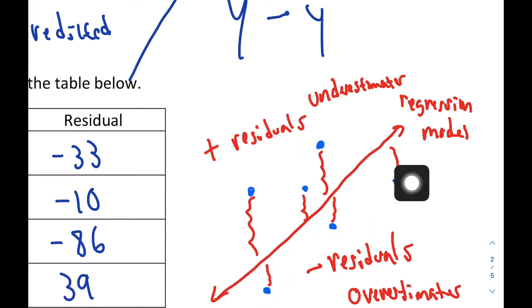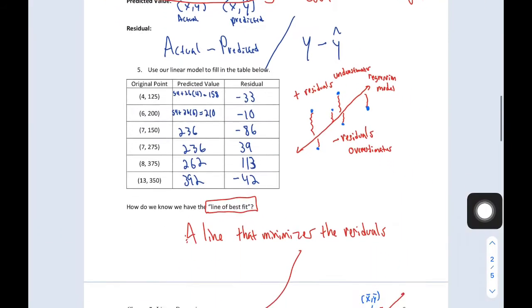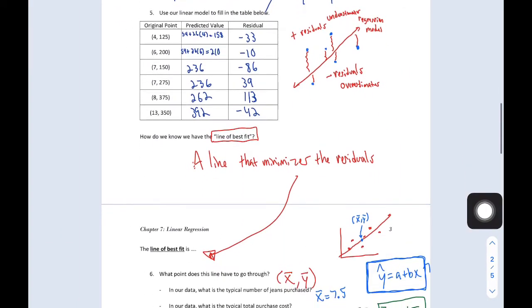These are actual points, and even these below are actual points. We want them as close to our line as possible, all of them. In that case, we would minimize the residuals. And we can figure out what residuals are by just doing the actual values minus predicted and so on.